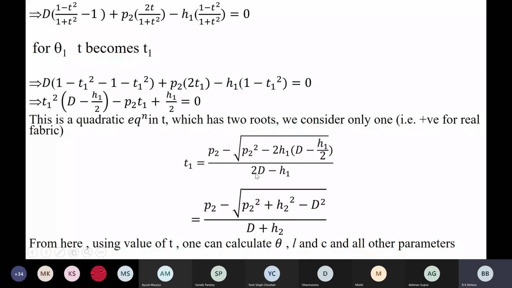Out of these two roots, consider only the positive root for a real fabric, because if you take the negative value, the actual absolute result which comes out is a very absurd one, which is not true for a real fabric. So we have to take the positive root, and using the value of t, one can calculate theta, L and C and all other parameters just by substituting this value of t in the above equation.